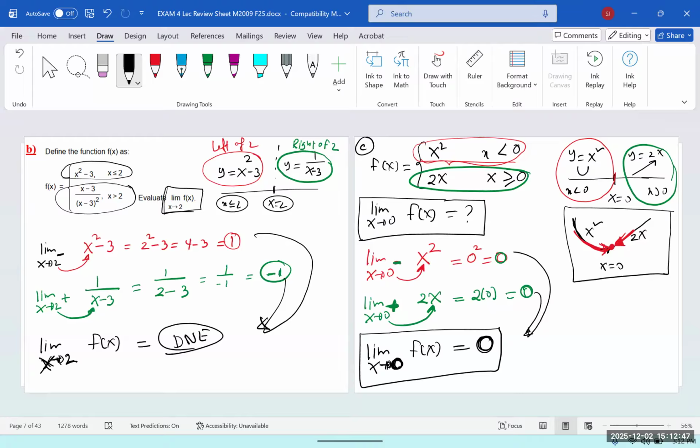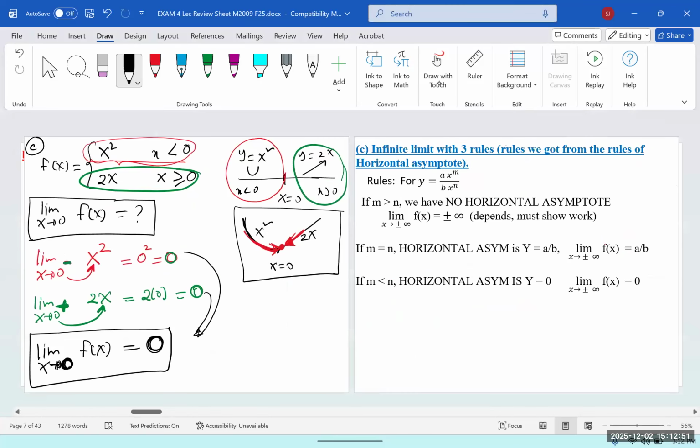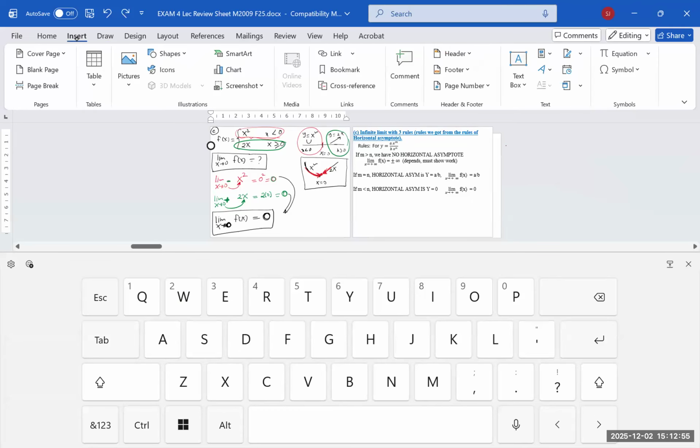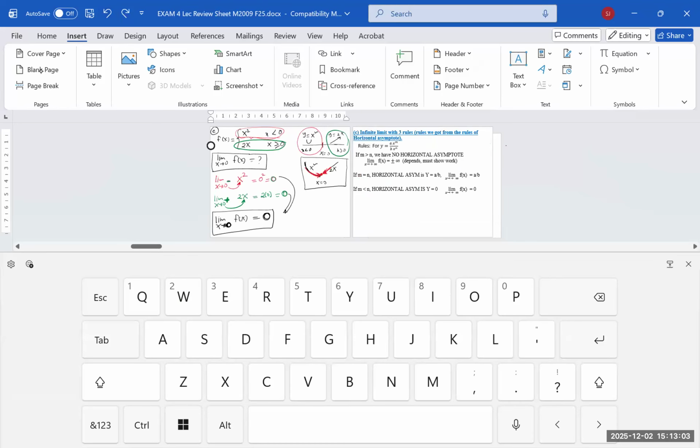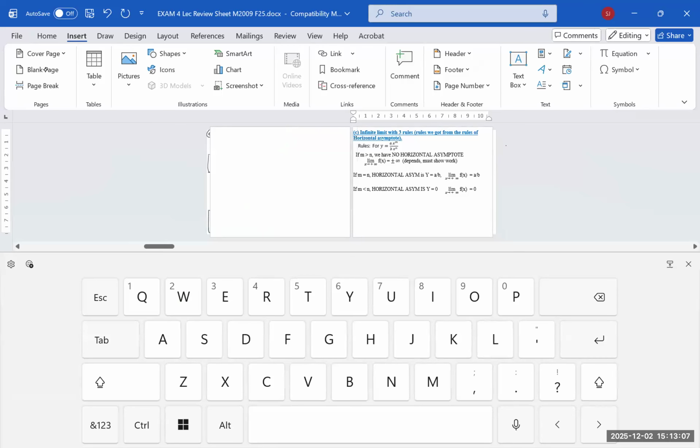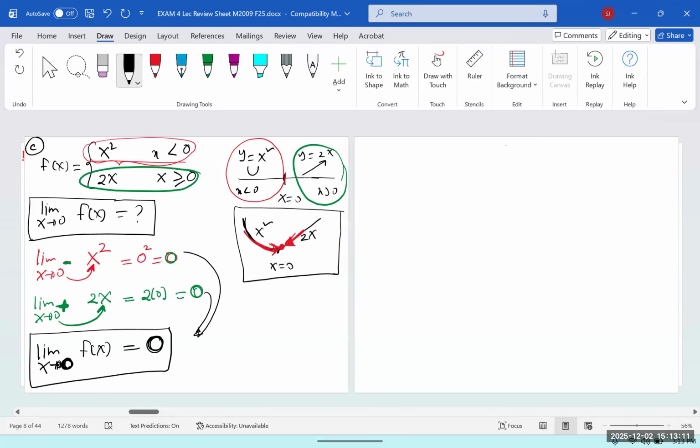Let's do one more example. Let's say we have another function. f of x equals, let's say, x cubed minus 1 when x is smaller than 1, and let's say you have x to the 4 plus 1 when x is bigger than or equal to 1.